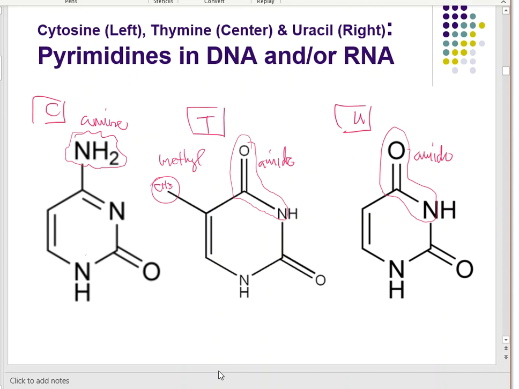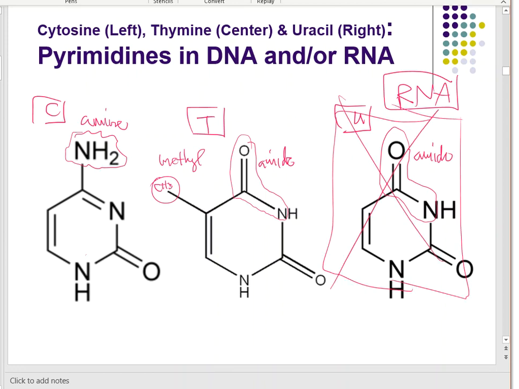Not too many choices there, right? Well, let me make it even more outstanding for you. Because if I take a look at the right-hand structure, uracil, this only shows up in RNA. This is not in DNA, which is your genetic carrier. It's RNA only.